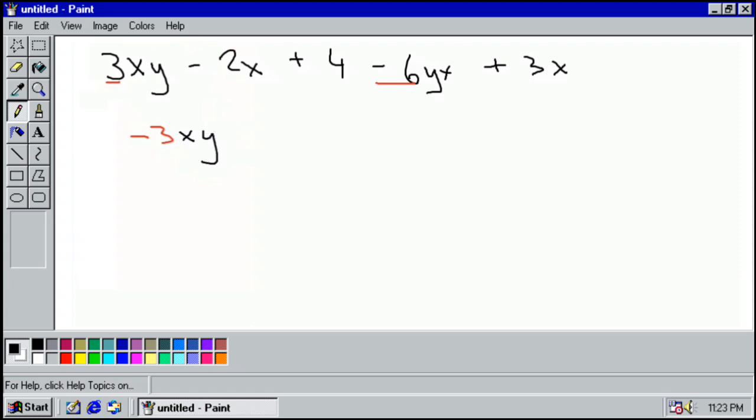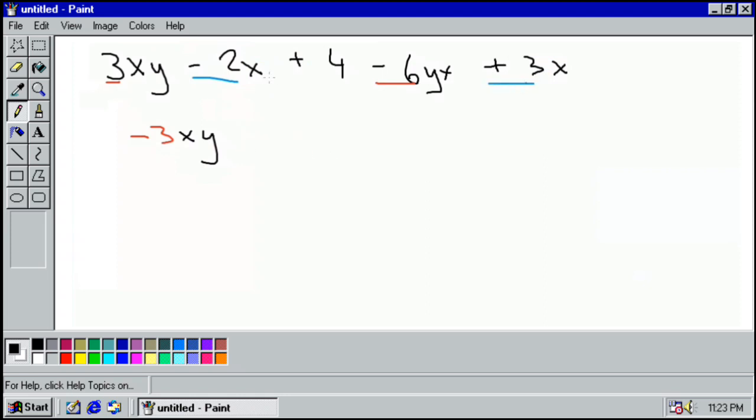Now, we have another set of like terms here, negative 2x and 3x, since both of them have the variable x. So we're going to add negative 2 and positive 3, which gives us 1x.